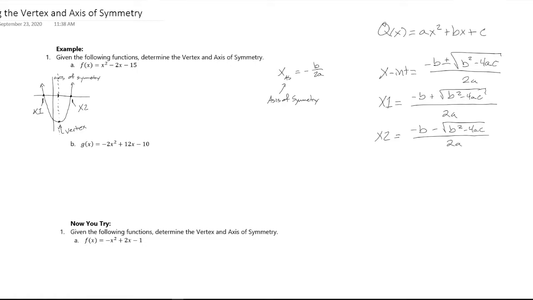If we take the average of these, if we go x1 plus x2 divided by 2, that's going to give us the x value of the axis of symmetry.